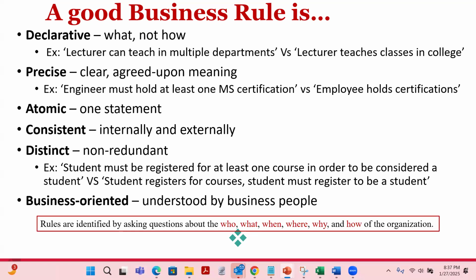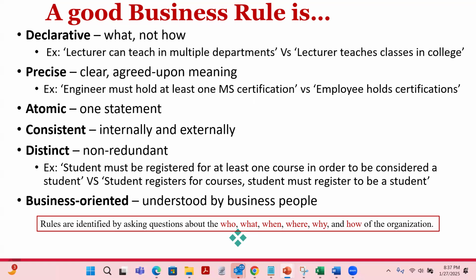A good business rule must be clear and have an agreed upon meaning. It must be precise. An example of that is an engineer must hold at least one Microsoft certification versus employees hold certifications, which is not a very precise rule. A business rule must be atomic, represented by one statement, consistent, understood internally and externally, non-redundant, and most likely business oriented.